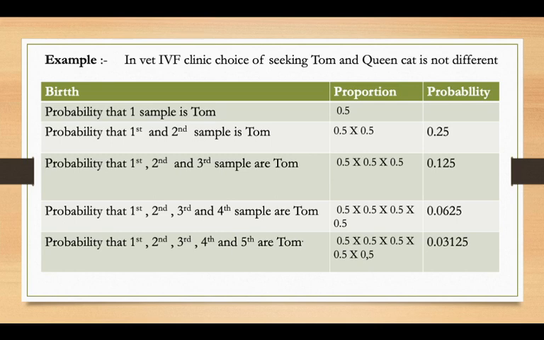Pretty straightforward. So if we count the probabilities and extend this to the probability of obtaining 5 males, the probability value is 0.03125 of obtaining male kittens from a cat using in vitro fertilization. So our prime objective in this case would be the hypothesis that there is no difference in seeking male or female from an in vitro fertilization facility in a clinic.